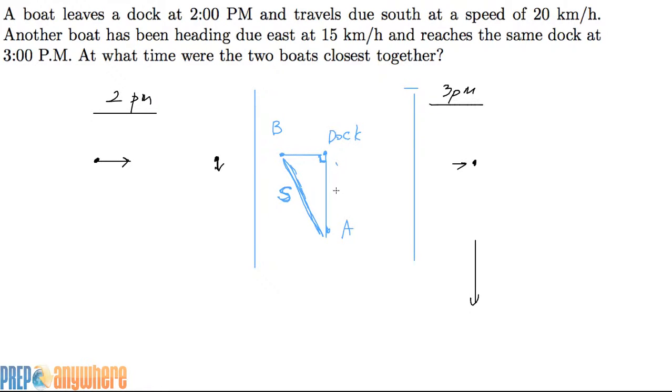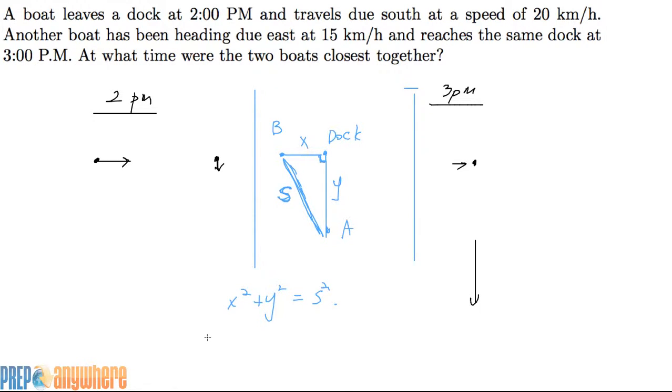So let me call this X, and let me call this Y, okay? And we know X squared plus Y squared must equal S squared. And ultimately we want to optimize S.